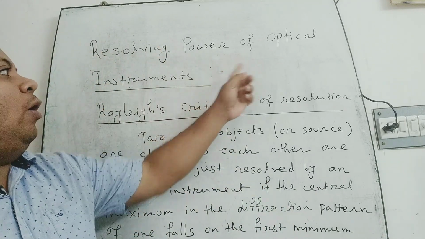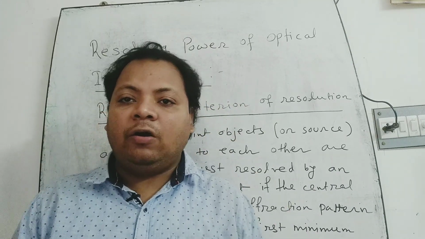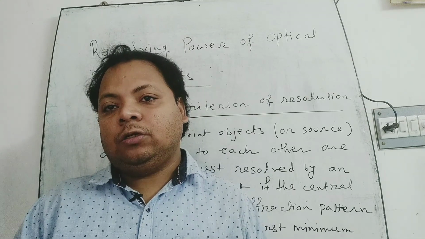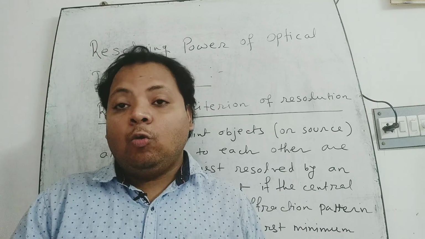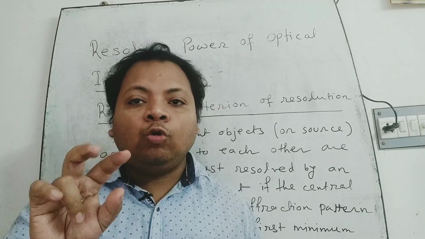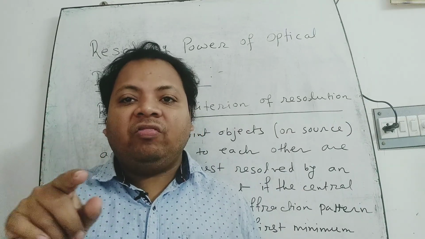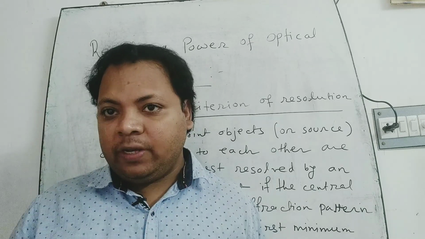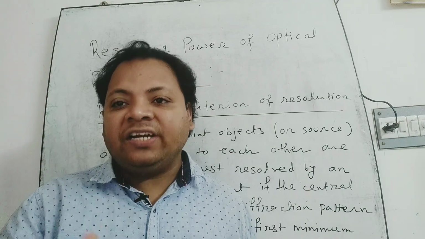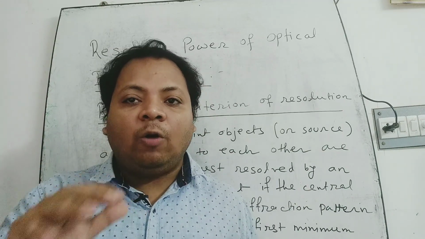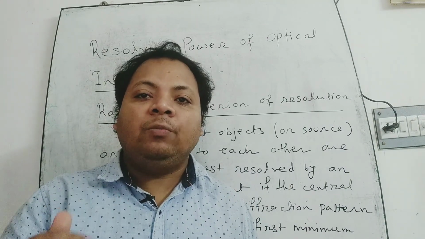Today I am going to discuss the resolving power of an optical instrument. The resolving power or resolution of an optical instrument tells us about the visibility of two point sources which are close enough. That is, when two point sources are close enough and the resolving power of the optical instrument is high, then we can watch these two point sources clearly.